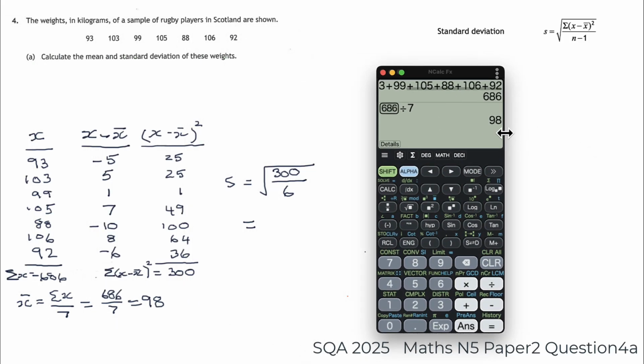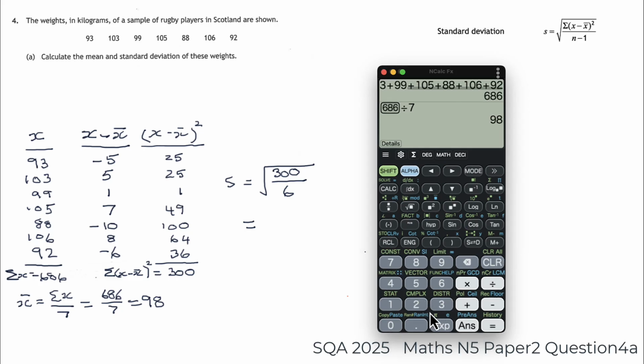So 300 divided by 6 equals 50. We now need the square root of that answer.